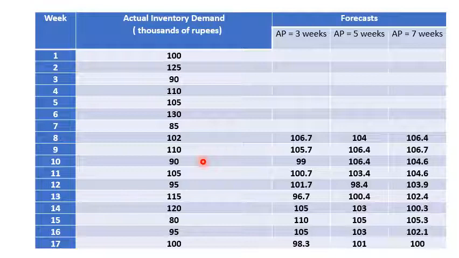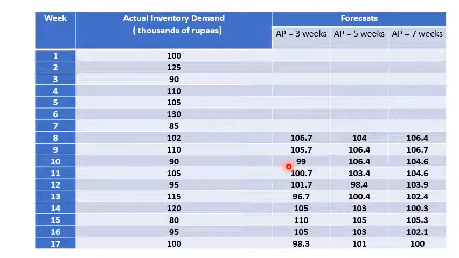If I have to calculate a 3-week moving average for the 10th week, I take the last 3 before 10, that is the 9th, 8th and the 7th. The average of these 3, 85 plus 102 plus 110 divided by 3, will give me this value 99.